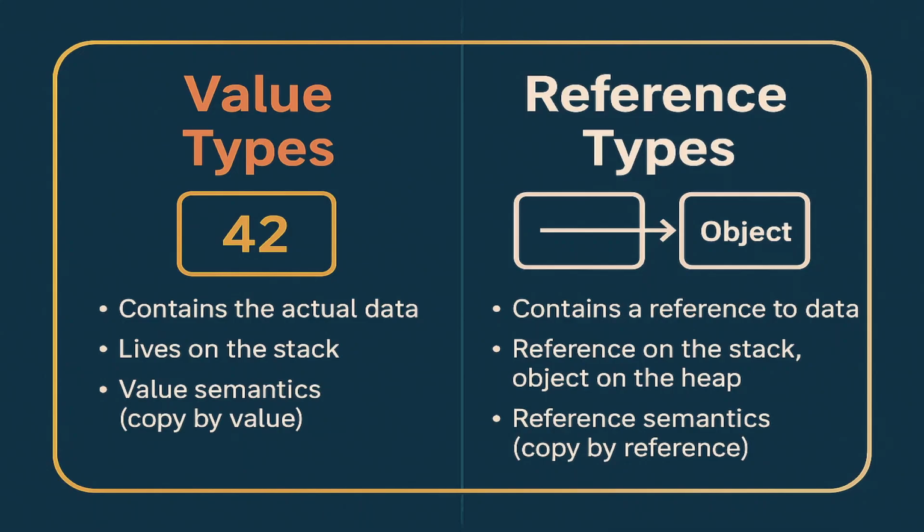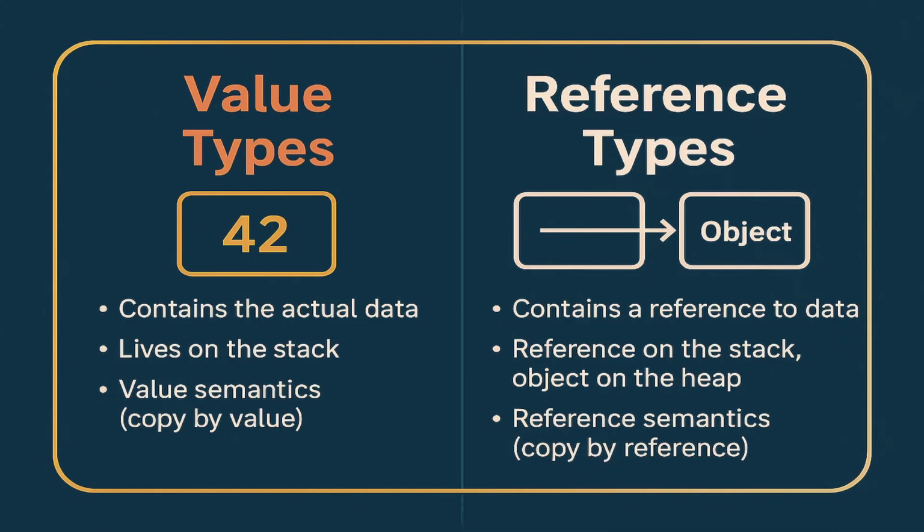Take a look at this picture again, and you see there is a box which has 42. That box represents a memory location, and the memory location directly contains the data itself. However, if you look at the right hand side, which is a reference type, it's not a single box, rather it is two boxes, and one box has nothing but an arrow.